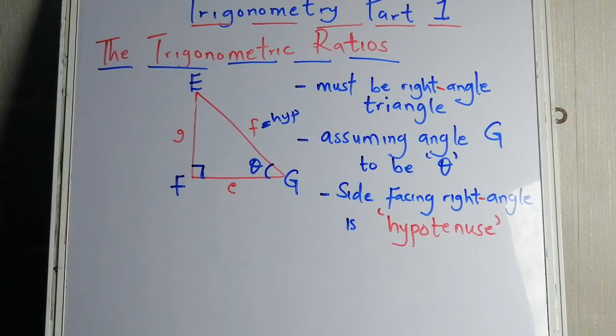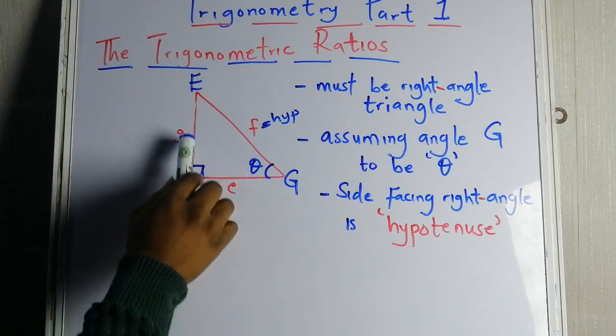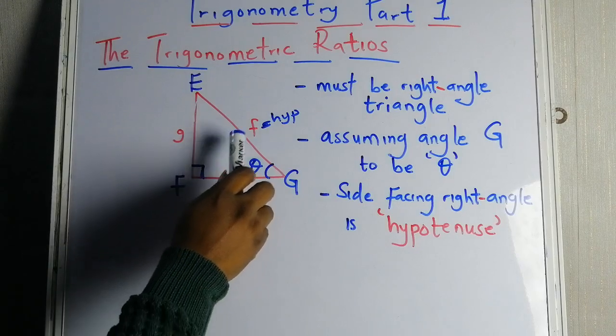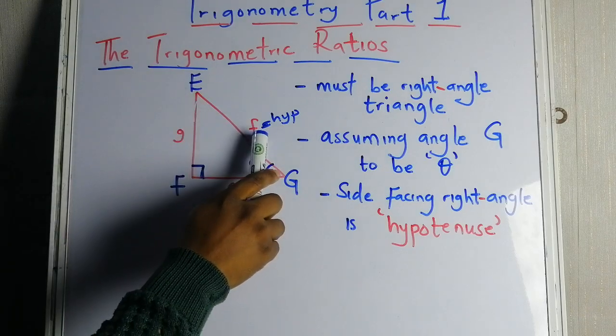One thing you should note: where the y-axis meets the x-axis, that point is the right angle. Where that right angle is facing is the hypotenuse. And that hypotenuse is represented by what?